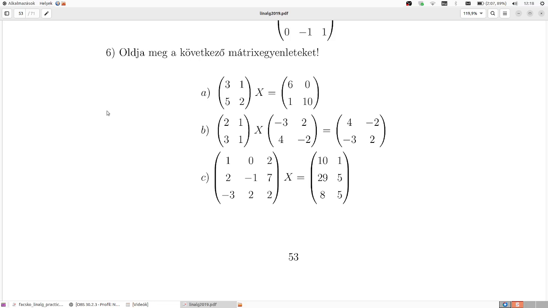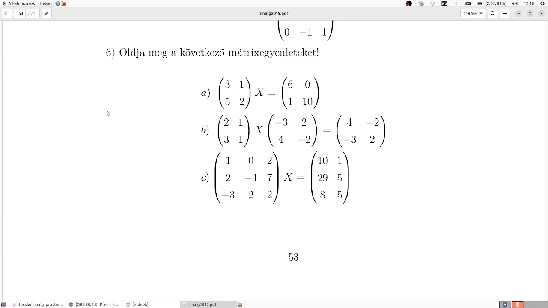So it's subdeterminants. Then you do the transpose. It's very simple. This is the main diagonal, and I have to mirror, so it's 3, 1. Okay?